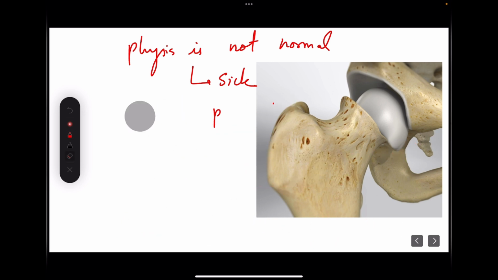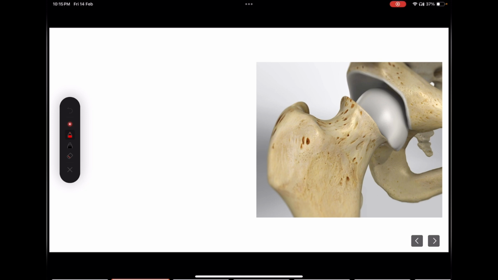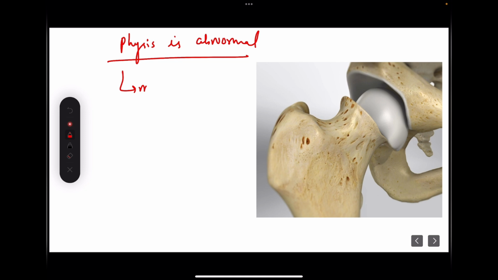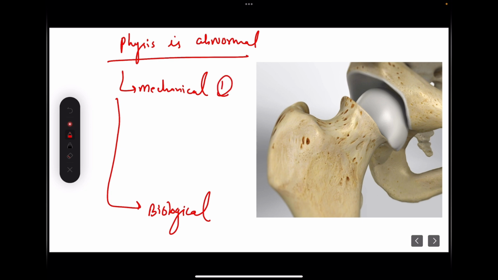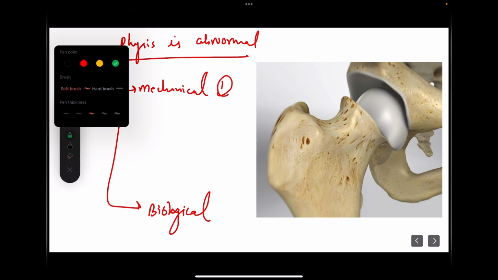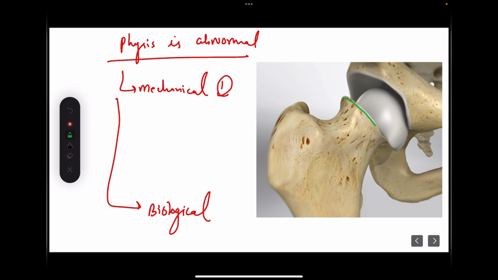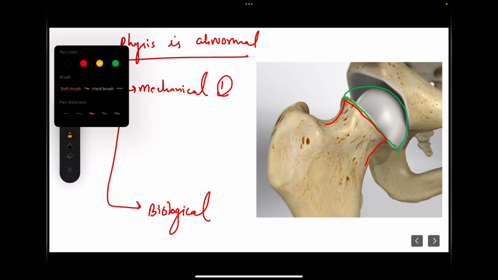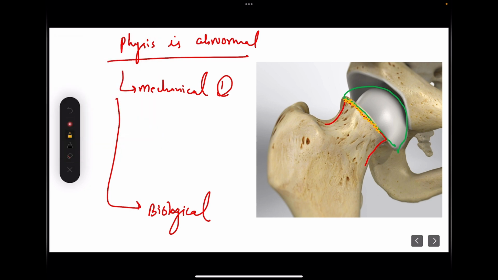So why is this physis sick? What makes this physis sick? There are certain mechanical factors and certain biological factors. We will be discussing these factors. The first mechanical factor: in this diagram, between the epiphysis and metaphysis lies the physis.